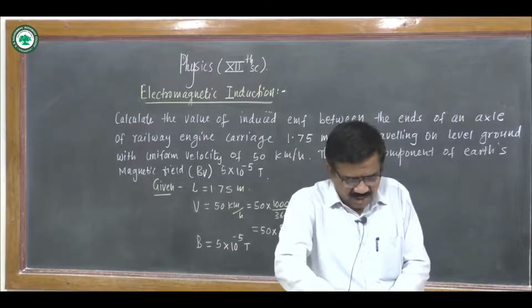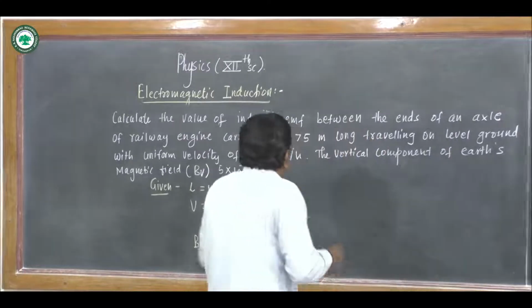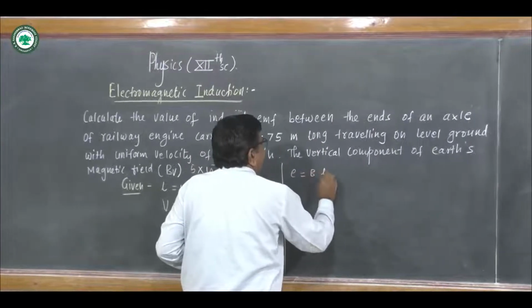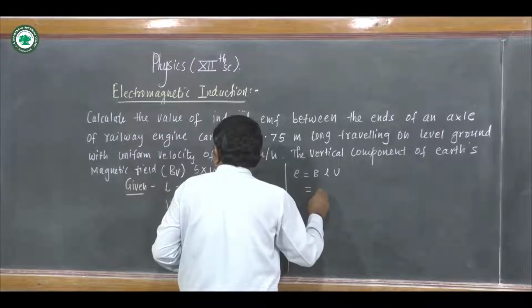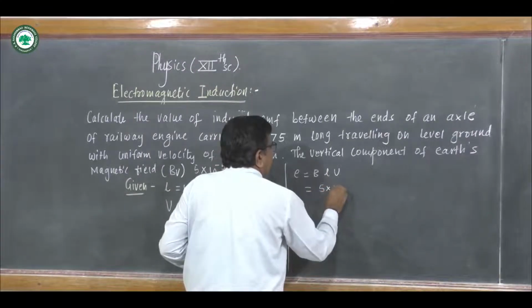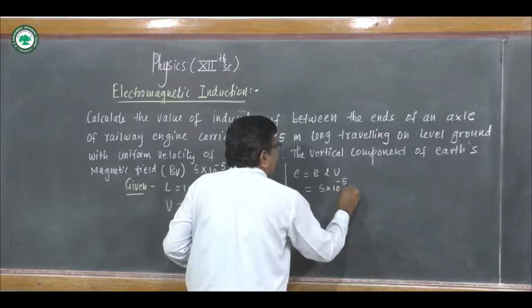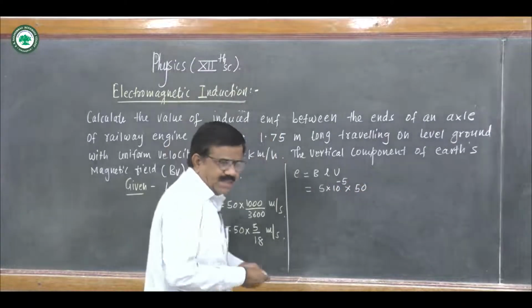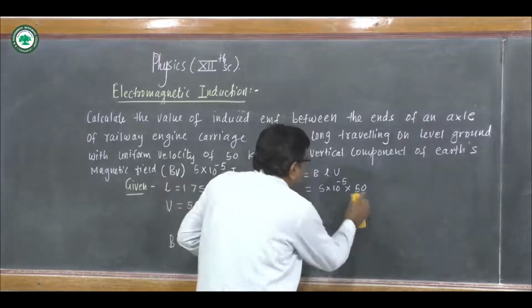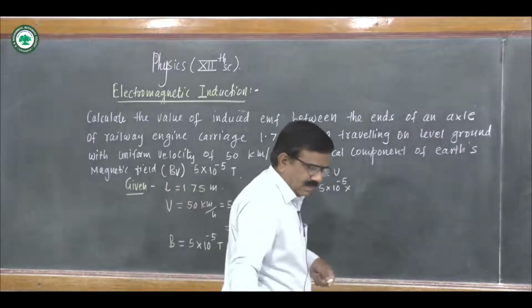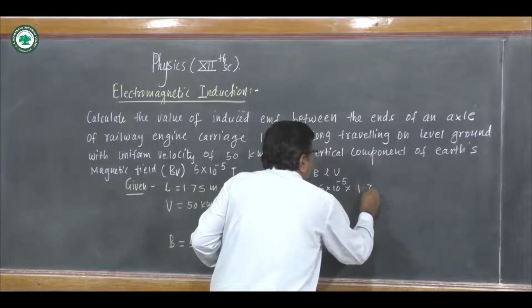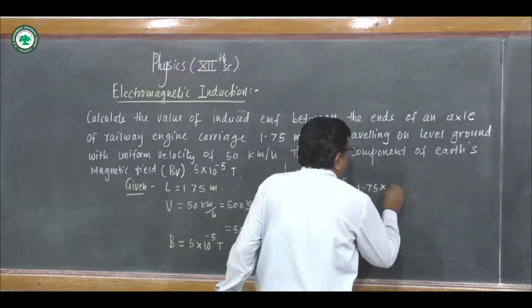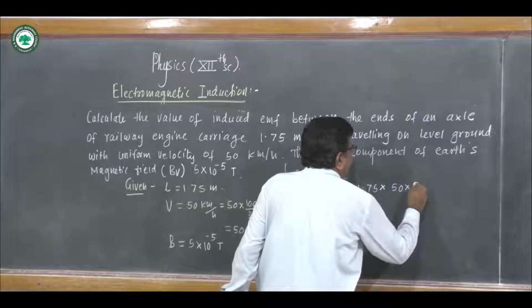B is given. Again here our formula is E is equal to BLV. B is 5 into 10 raised to minus 5, L is 1.75, and V is 50 into 5 by 18.